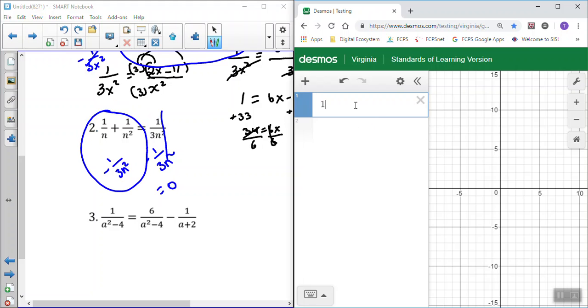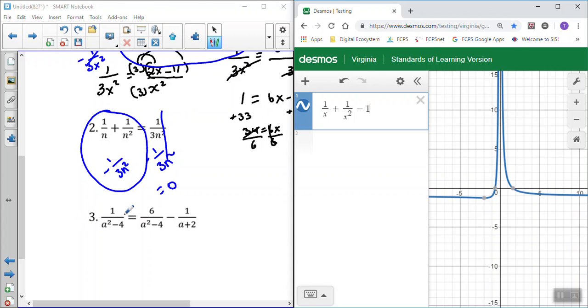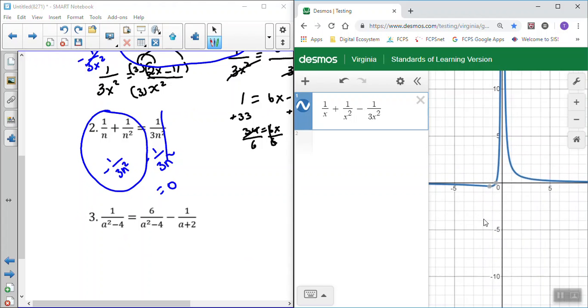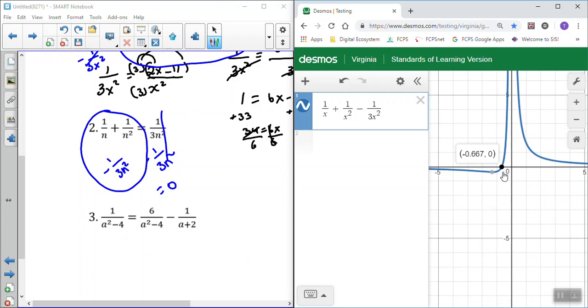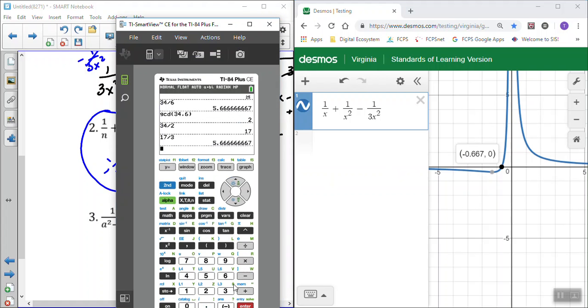So you have 1 over n, don't use n, use x in Desmos, 1 over x squared minus 1 over 3x squared. Then we're looking for the x-intercept, which is at negative 0.667.